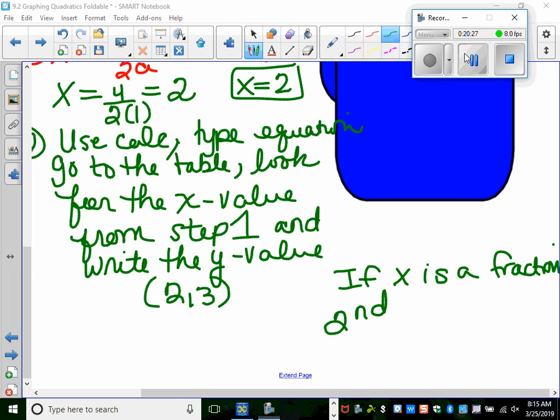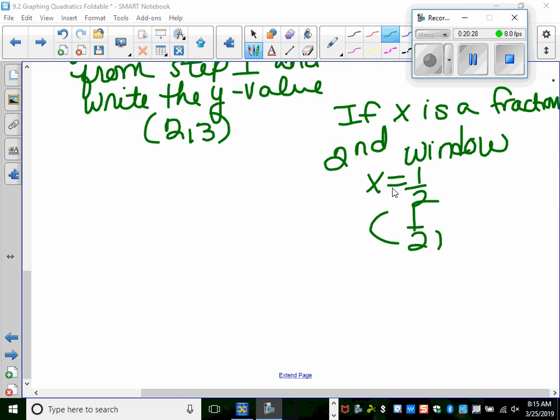All right, change your window to 0.5 or 1/2, and then give me what the y value is. Yes? 5 1/4. Again, you would not be able to read 5.25 from your calculator, but as long as you know what the x value is, you can just enter that x into the calculator and it'll tell you what the y value is.